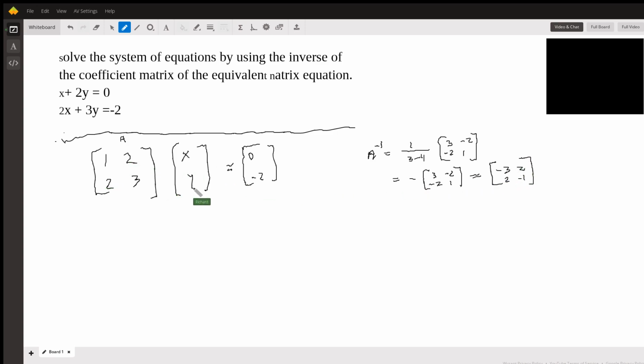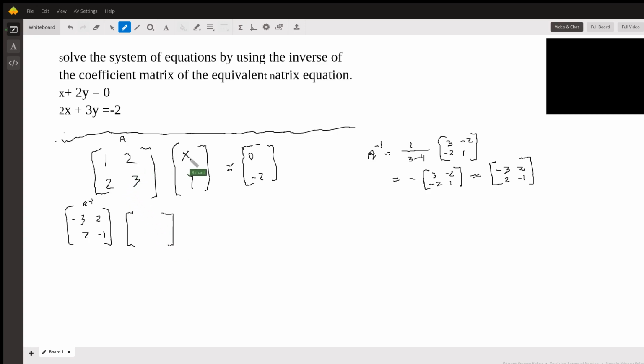Okay, so now we can multiply both sides of this equation by A inverse. We're going to get negative 3, 2, 2, negative 1 times A. This is A inverse here. I'm just reminding you where things are coming from.